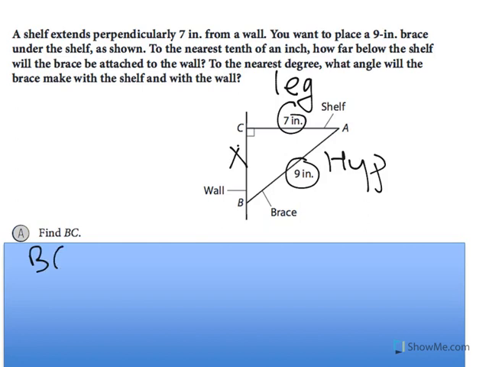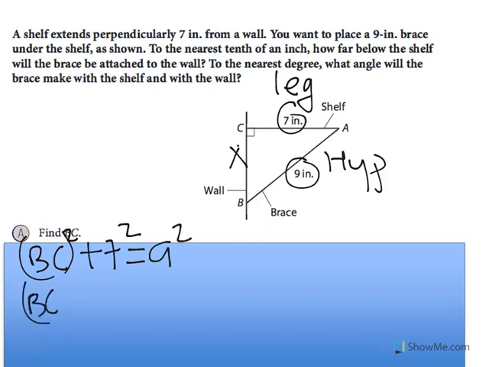So then BC squared plus 7 squared equals 9 squared. So BC squared equals 9 squared minus 7 squared. This gives us 32.